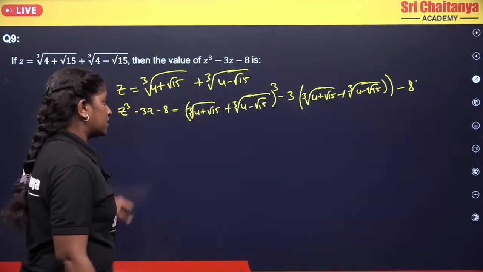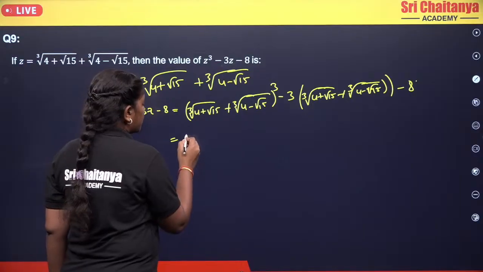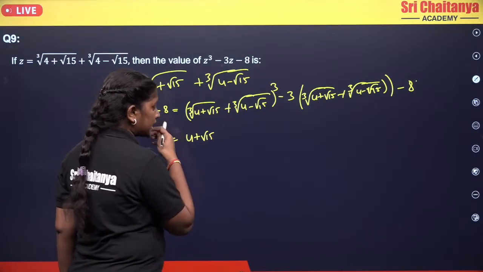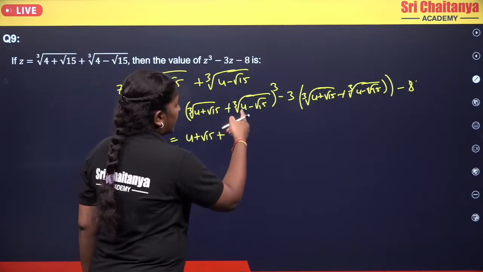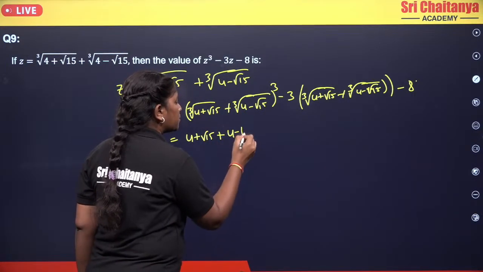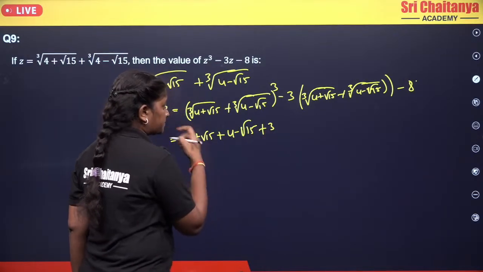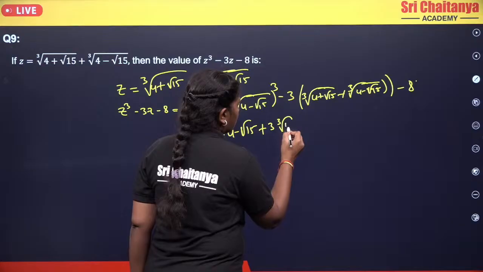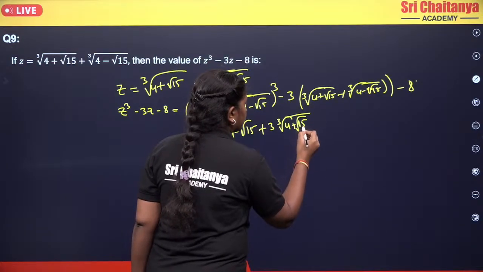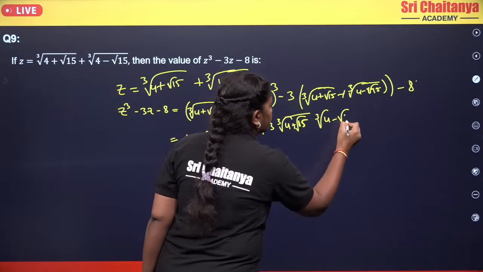So let's simplify it. So now if you check, it is in the form of a cube plus b cube. So it will become 4 plus root 15, because cube root and cube will get cancelled, plus 4 minus root 15, because cube and cube root will get cancelled, plus 3 into cube root of 4 plus root 15 into cube root of 4 minus root 15.